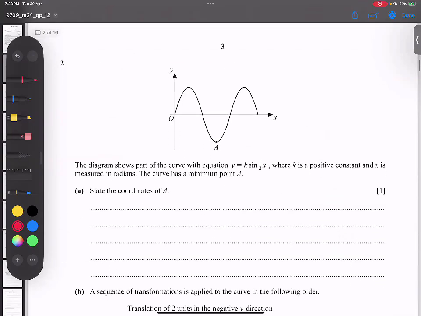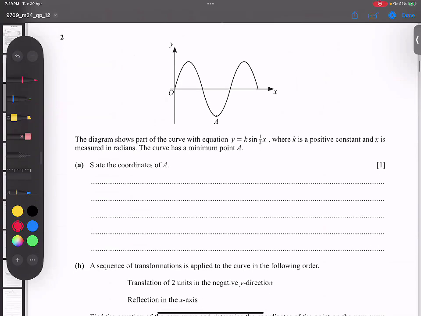Next question, we have a diagram showing part of a curve. It is given y = k sin(x/2), where k is a positive constant and x is measured in radians. So there's a sine curve. Make sure the sine curve has this kind of pattern. This much is one curve, and then the repetitive part is there.